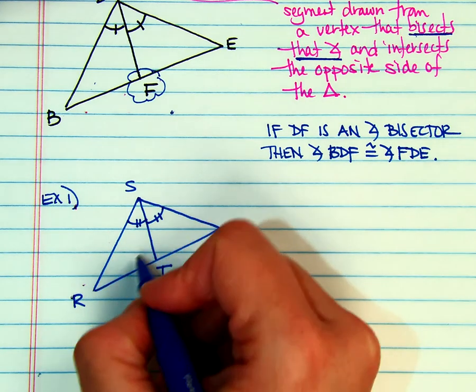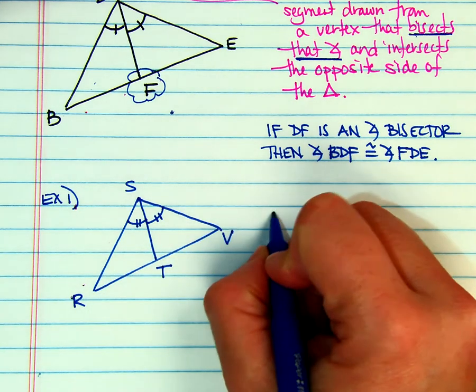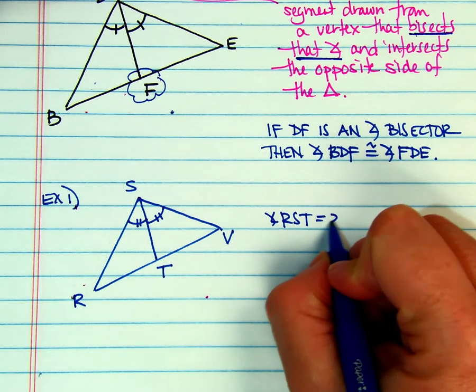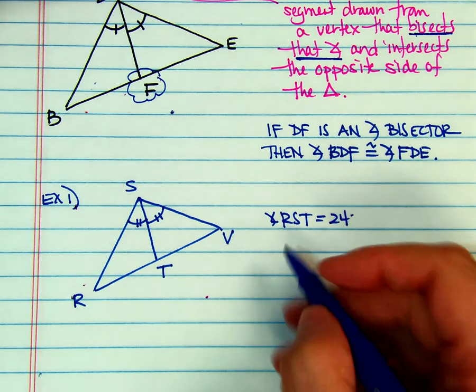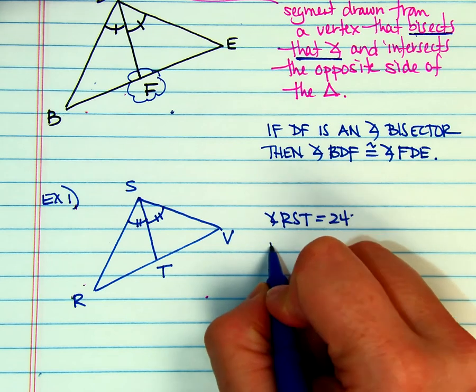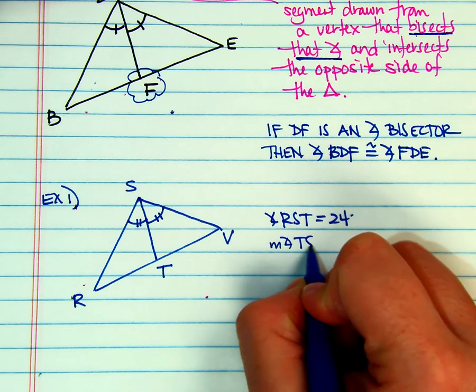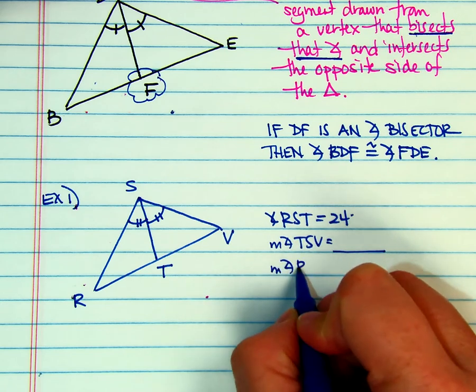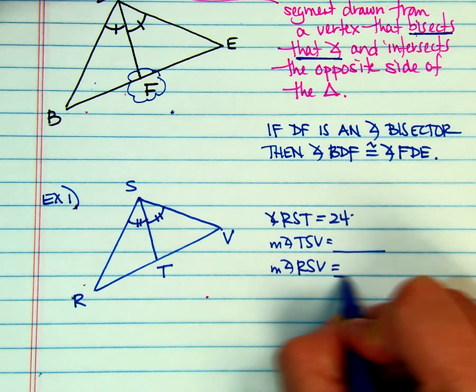I'm going to tell you that angle RST equals 24. So I want you to find the measure of angle TSV and the measure of angle RSV.